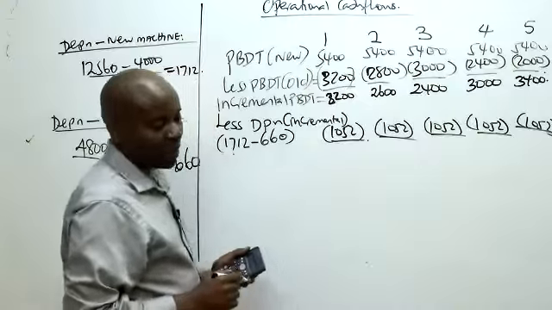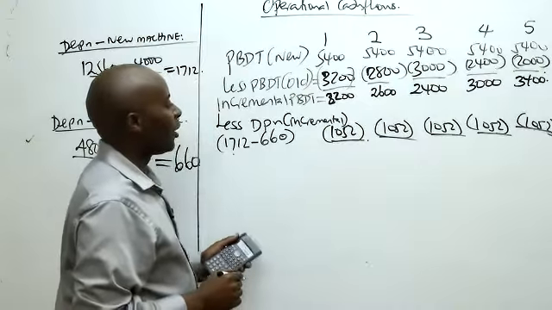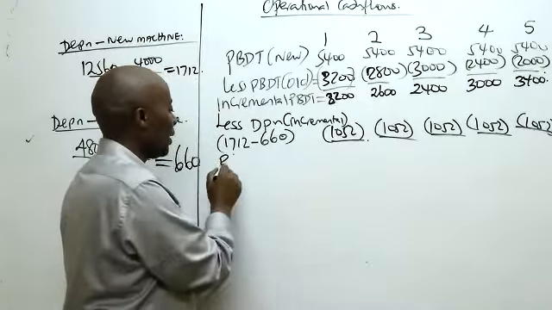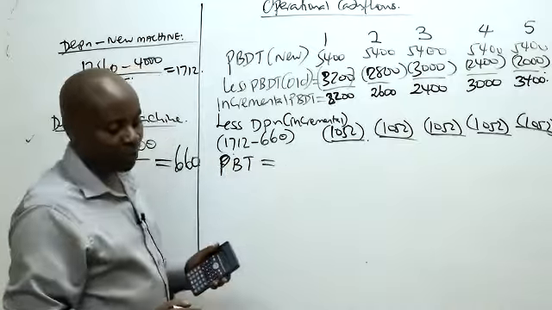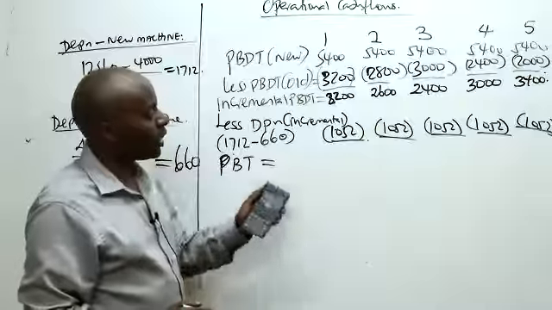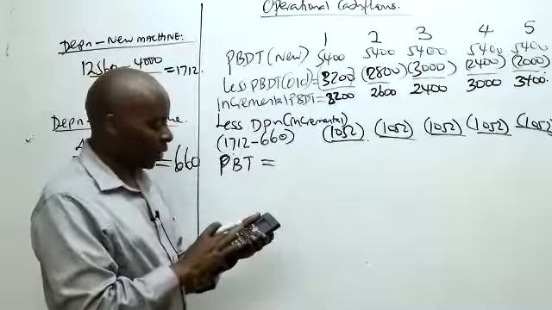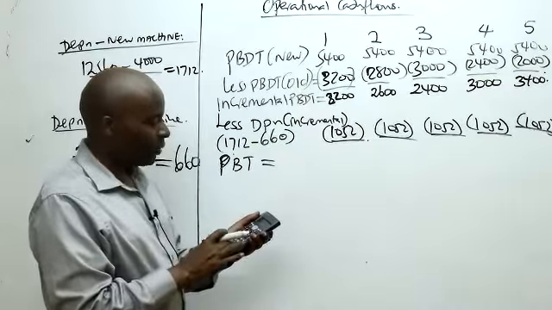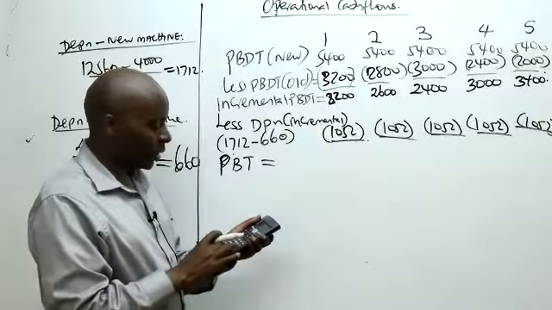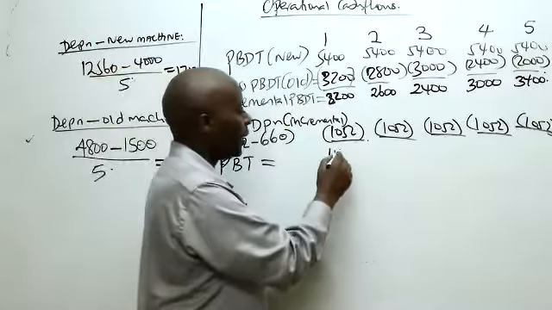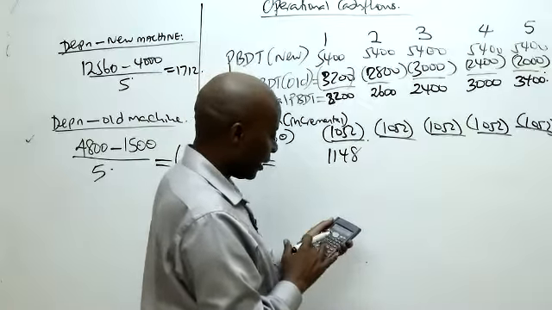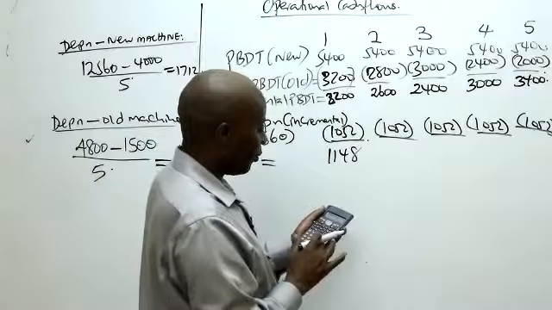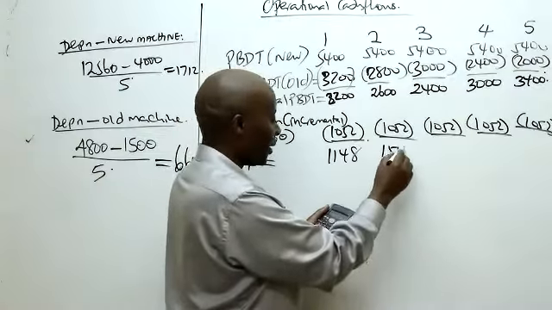So here we are, subtract for us. What you will get will be called a profit before tax. So we have 2200 minus the answer, which gives us 1148. We have 2600 minus 1052, which gives us 1548.